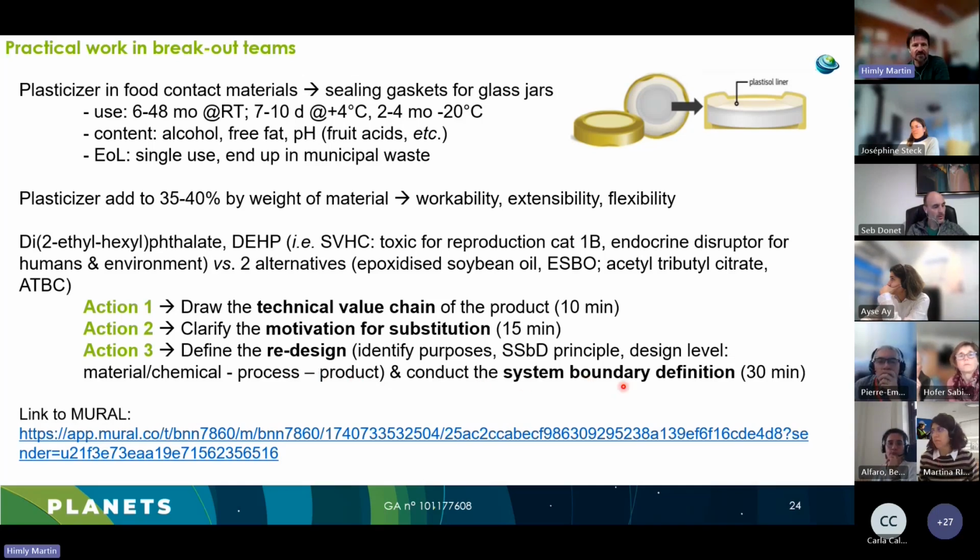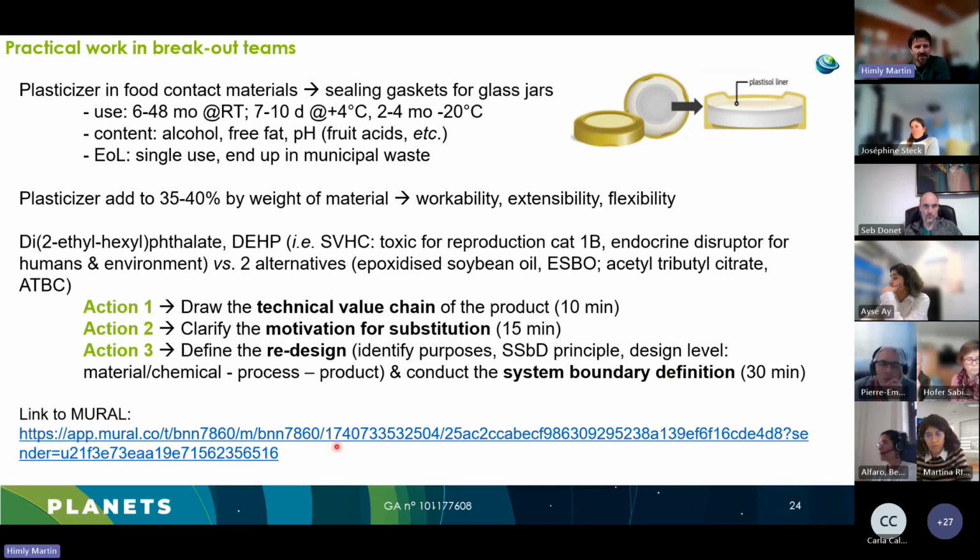It will guide us through, for example, the identification of the purposes, reviewing again and selecting which SSbD principles are in the center of our study, at what design level, so material or chemical or process or product, we will be operating, and then also conduct the system boundary definition.